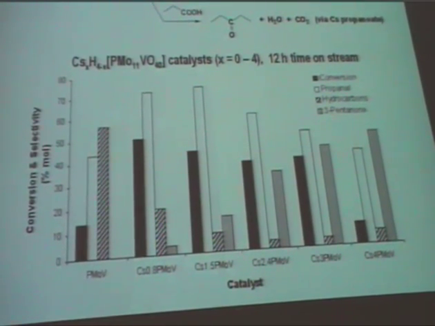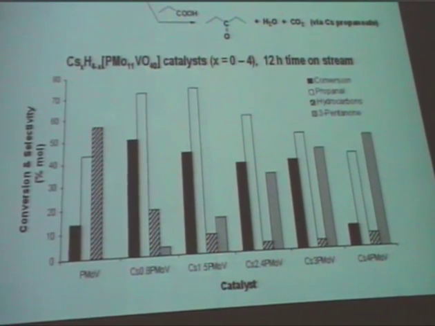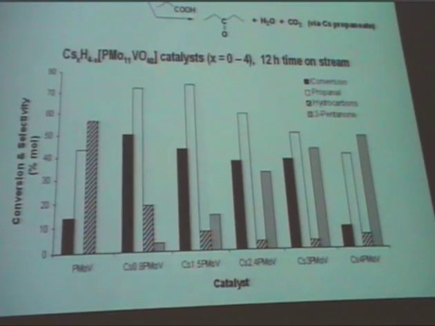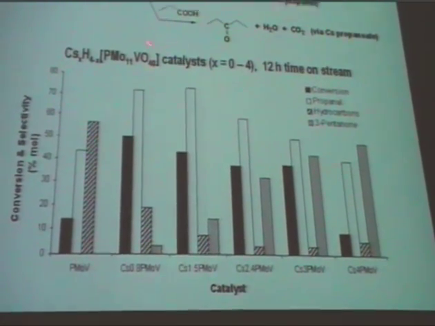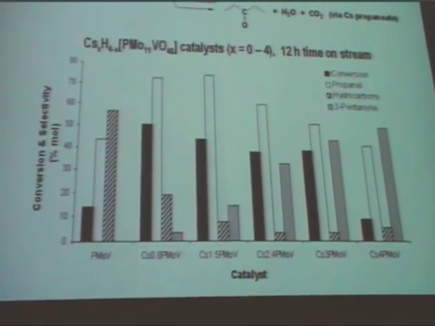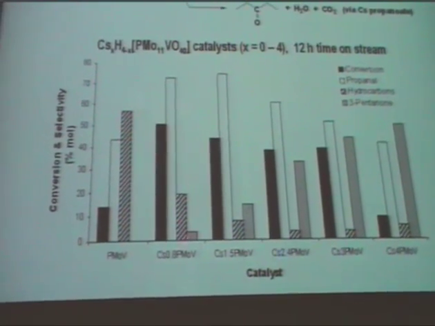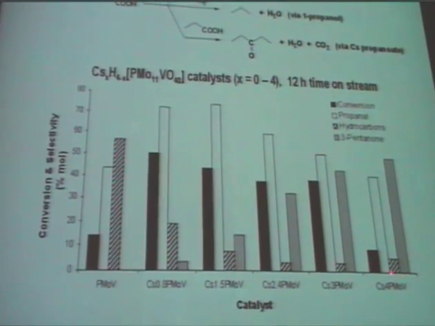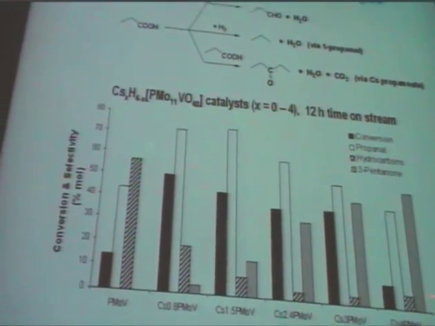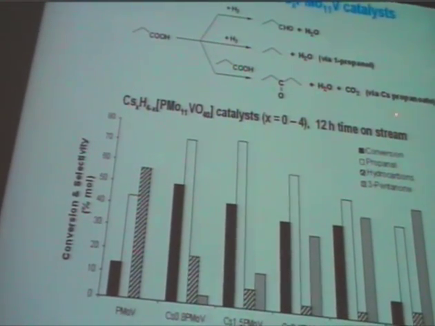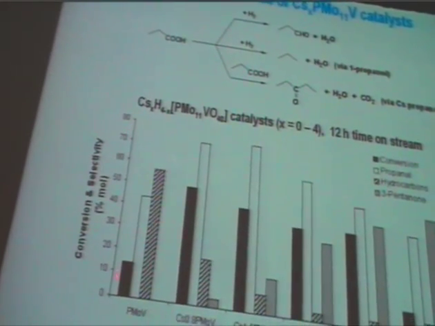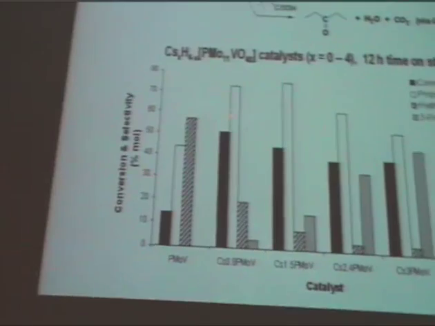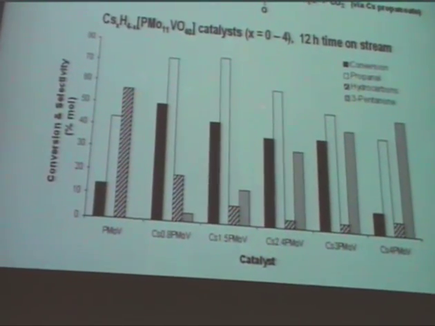What is important here is that the catalyst acidity plays a key role and greatly affects both catalyst activity and selectivity. And the catalyst acidity is varied by cesium substitution from the free heteropoly acid to the neutral cesium salt. So you can see that the activity, that is, conversion represented by the bars, passes through a flat maximum.